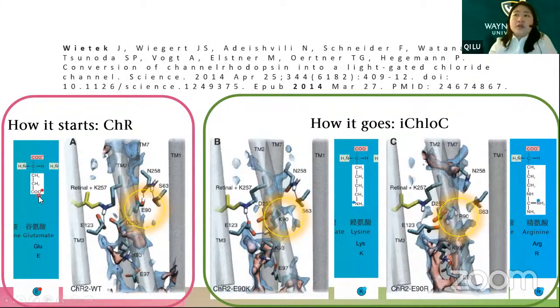Previously this negatively charged residue bound cations like calcium or sodium, but after this modification it binds negatively charged ions like chloride. So the function of the channel is totally switched from passing cations to passing negatively charged ions like chloride.